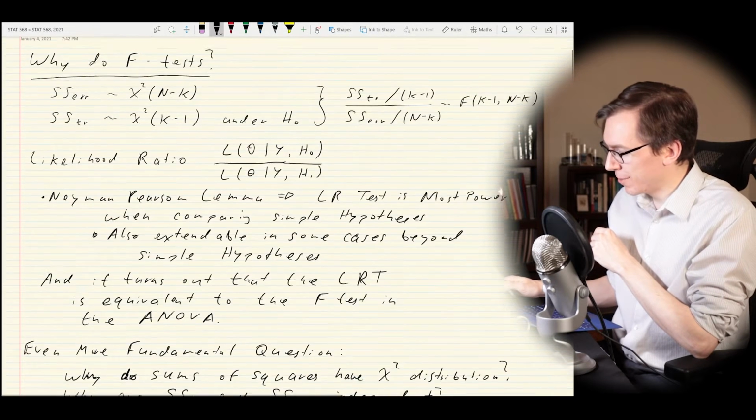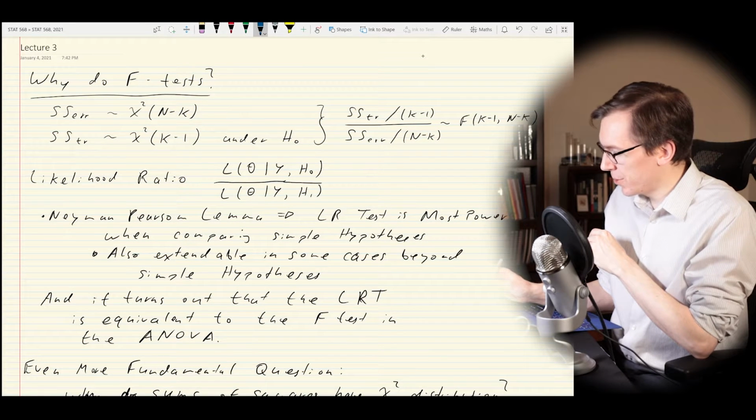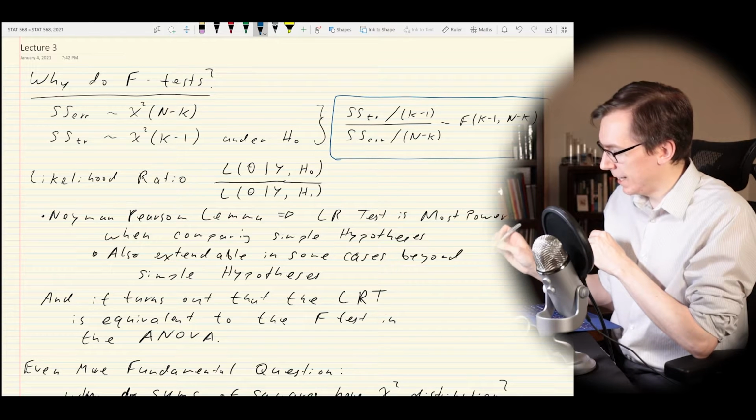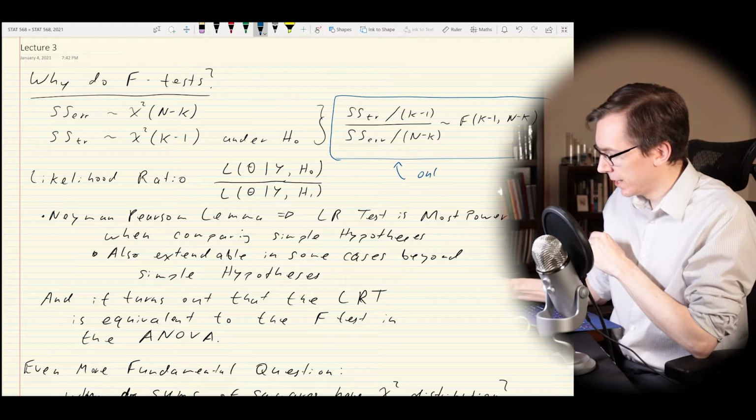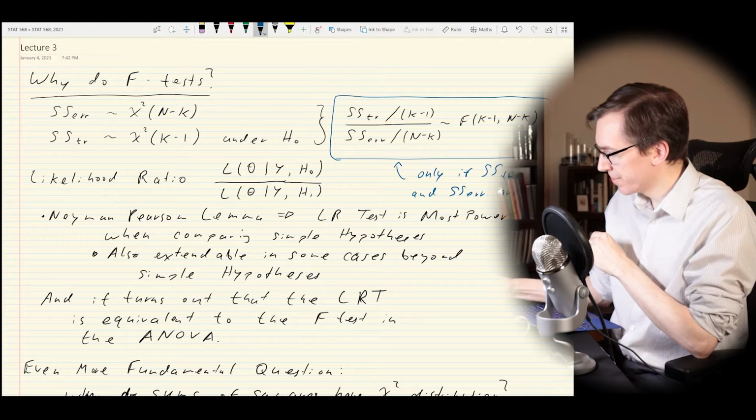Because up above, where I said that the ratio of two chi-squareds normalized by their degrees of freedom has an F distribution, this is only if the treatment and the error sum of squares are independent.